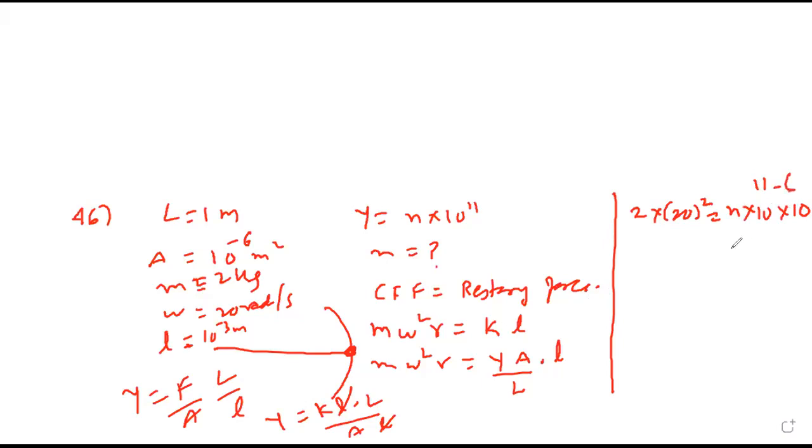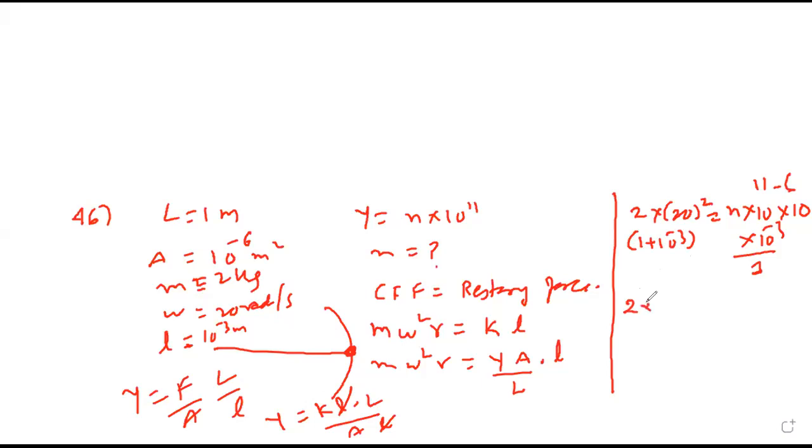So radius of rotation will be elongation plus original length, correct? 1 plus 10 raised to minus 3 meter is radius, na? When it starts rotating under elongation. Now 1 plus 10 raised to minus 3 is approximately 1.